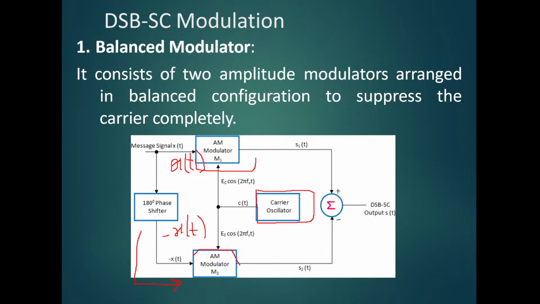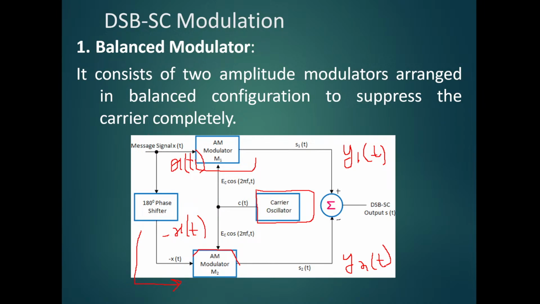Now the two outputs of these modulators, in this case we are considering the output as y1 of t for AM modulator 1, and y2 of t for AM modulator 2.